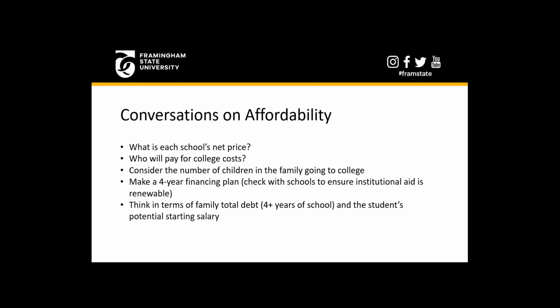And then also think in terms of that total debt, 4 years of school, and also the student's potential starting salary. If the student is going to be a teacher at Framingham, if you accept your direct loans, you'll have that $27,000 in debt. But if you're considering a high cost private institution, you could be looking at double or sometimes triple or more in debt.